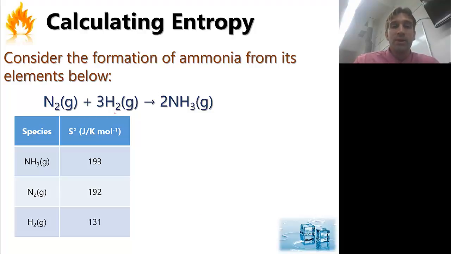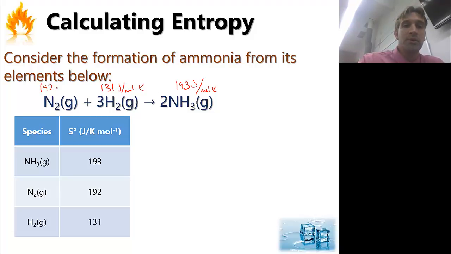When we look at these, notice that your ammonia, NH3 gas, is 193 joules per mole Kelvin. That's the unit that we're using, joules per mole Kelvin. The hydrogen content is 131 joules per mole Kelvin. And then we have the nitrogen content, which was 192 joules per mole Kelvin.